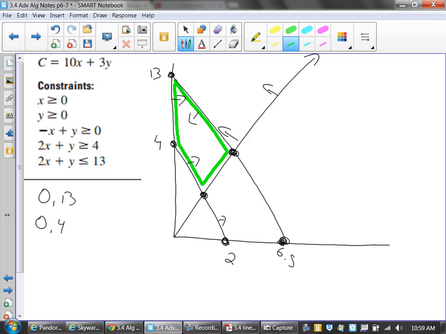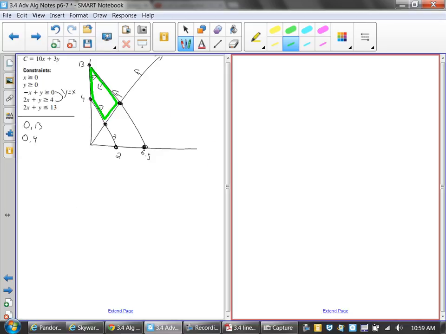The next one is the intersection of the first 2 equations. Well, I'm going to use substitution again. It's really easy with this problem because y equals x. Do you agree? Good. So then on this first equation, I'll put this on 2 screens, it's easier to see.